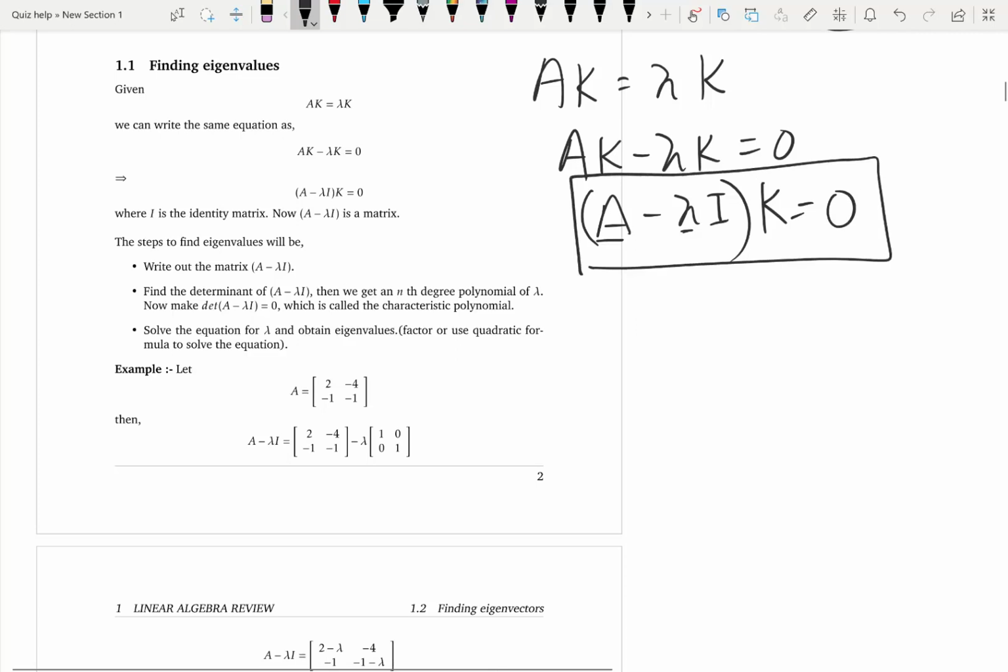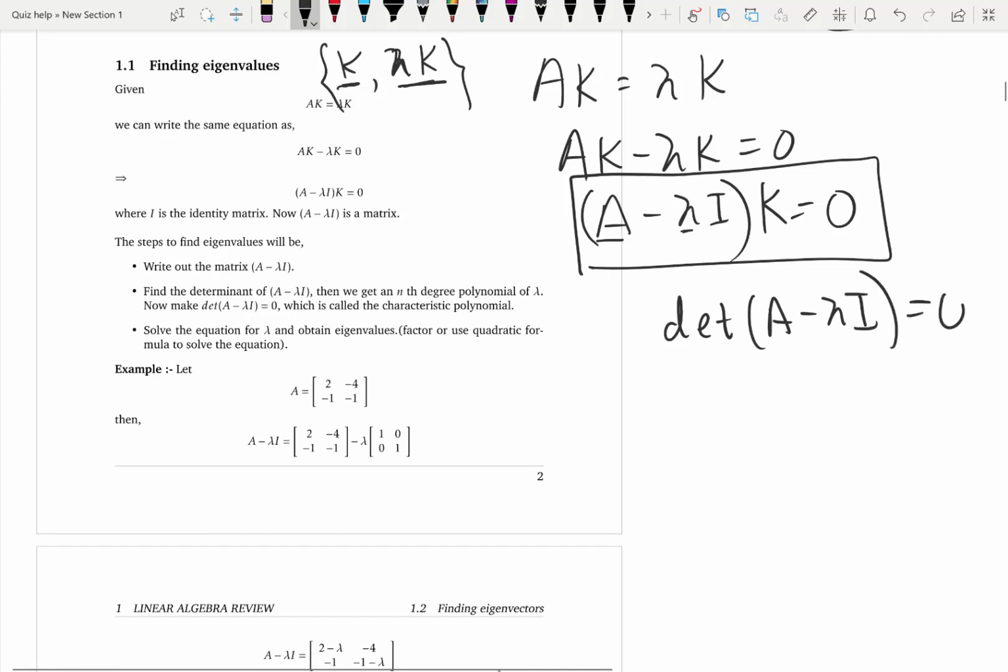Now you want to find lambda. What we do is, well, K and lambda K are two linearly dependent vectors, because this is a vector K, and this is a constant multiple of vector K, right? Any constant multiple of another vector makes a linearly dependent set, right? So that means the determinant of A minus lambda I should be equal to 0.